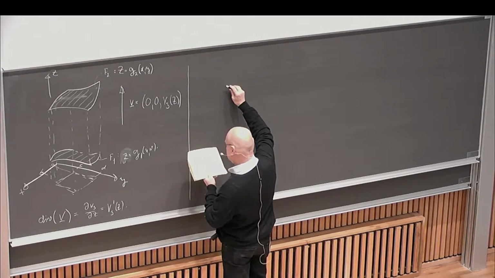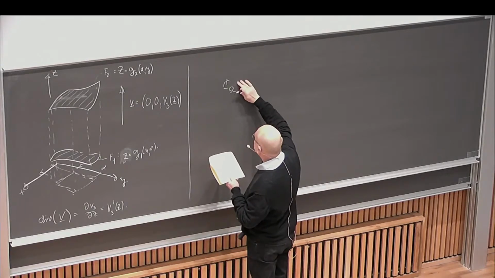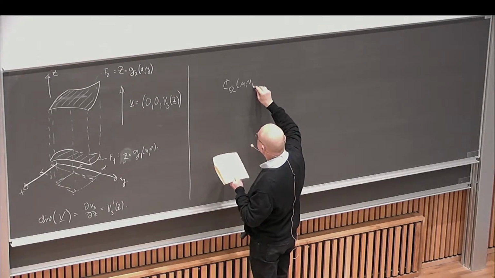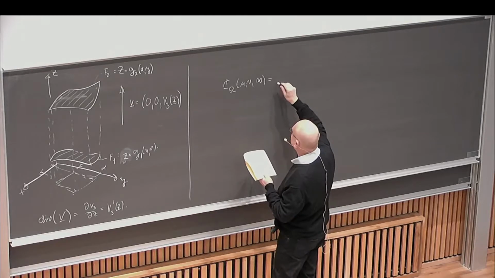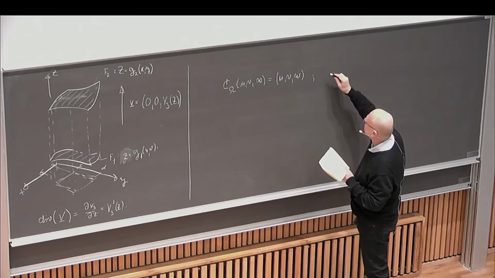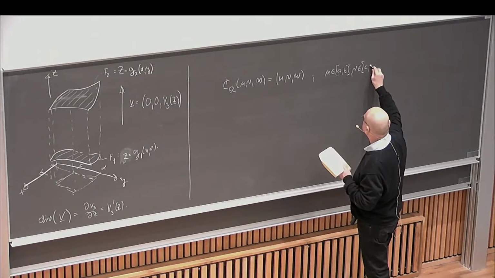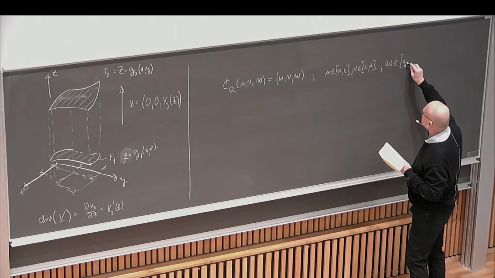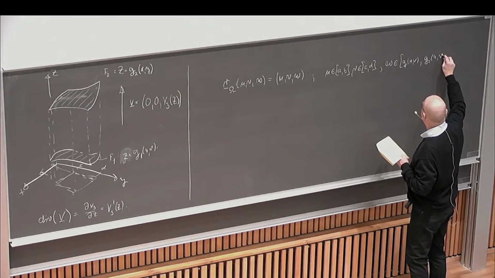So I say that the parametric representation for the solid, and it's a function of u, v, and then I use w as the third parameter, is simply u, comma v, comma w, where u runs from a to b, v runs from c to d, and then finally w runs from g1 of u comma v to g2 of u comma v.